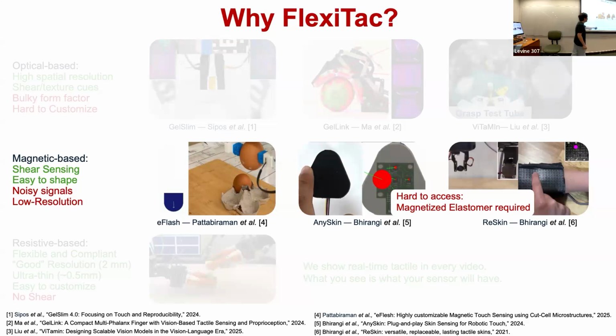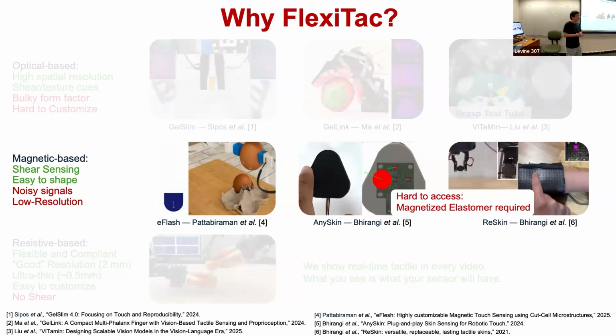And the major point is, for example, if some people said, oh, even though it has noise, I could apply some algorithm to denoise it or make the signals useful. But I think one of the important parts is that this kind of sensor is relatively hard to access because you need to find the magnetized elastomer.